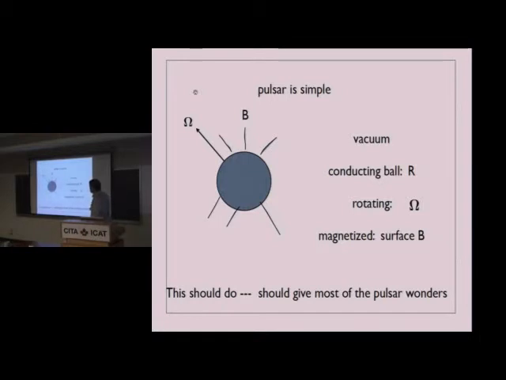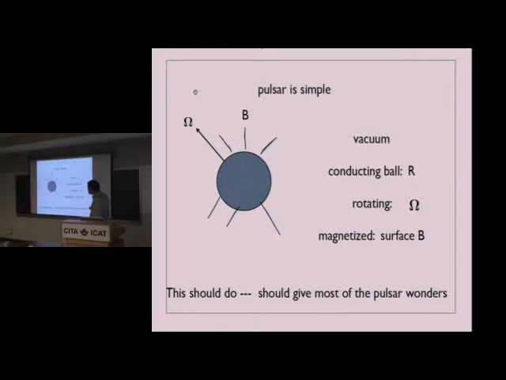Namely, it is believed that if I just take a perfectly conducting, magnetized, spinning ball, if I make this thing 10 kilometers, if I make it spin at, whatever, 30 hertz, if I magnetize it to a few times 10 to the 12 Gauss, it is thought that just this simple thing spinning in vacuum will produce all the Crab miracles. Maybe to have exact matching of light curves, I will have to adjust the surface magnetic field, but that's fine. That's not the real heart of the problem.